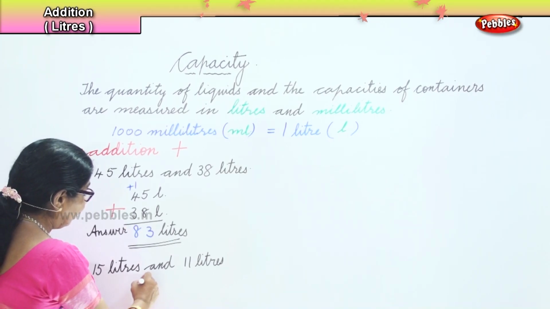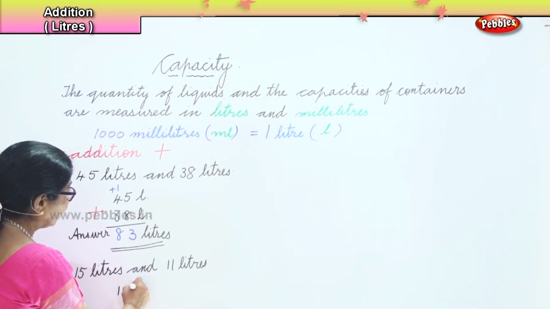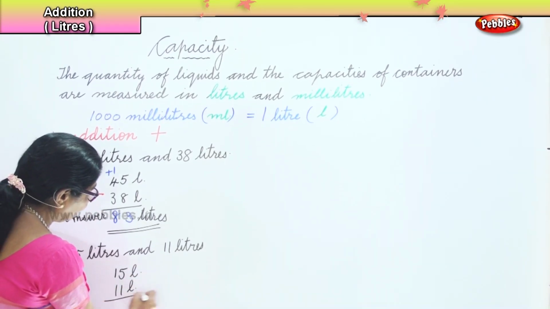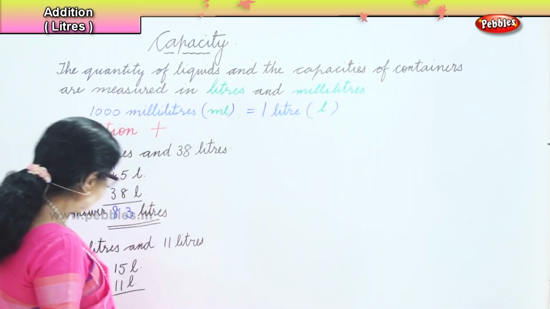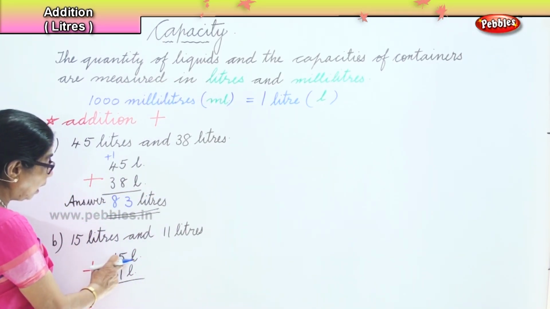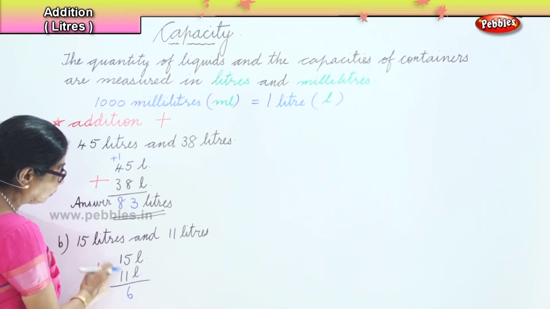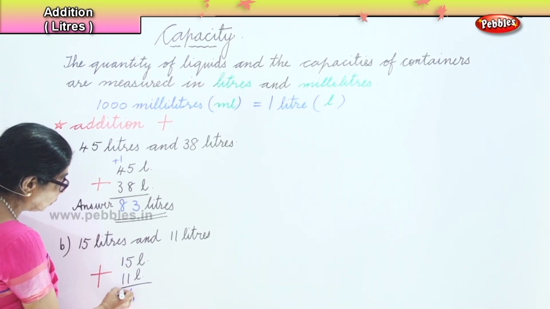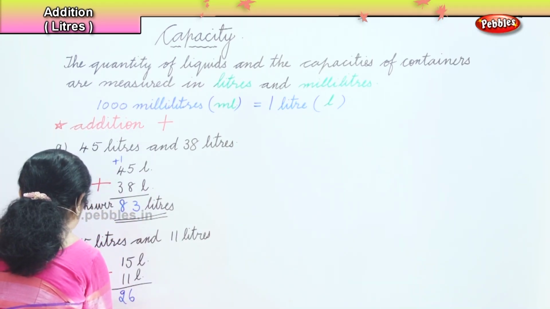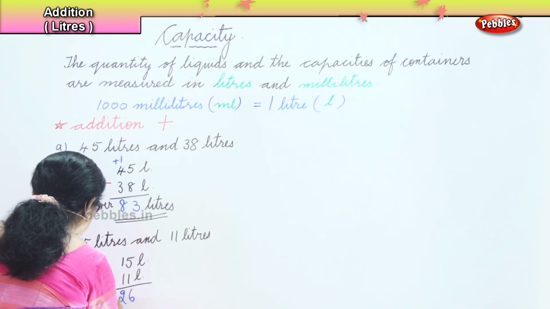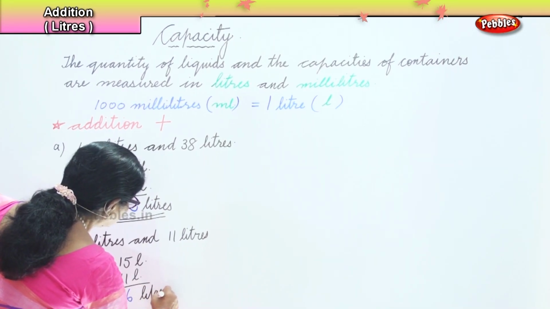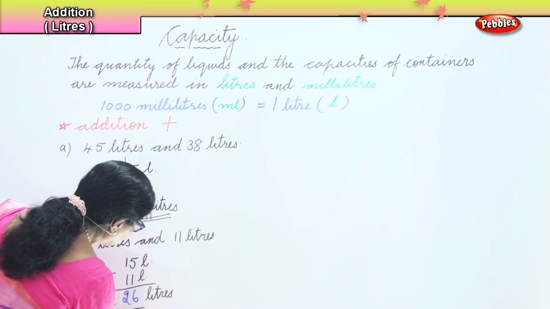So we'll put down 15 liters, 11 liters, put the addition sign and add them. Now, 5 plus 1 is 6, 1 plus 1 is 2. So that's our answer. Our answer is 26 liters. We learned to add liters.